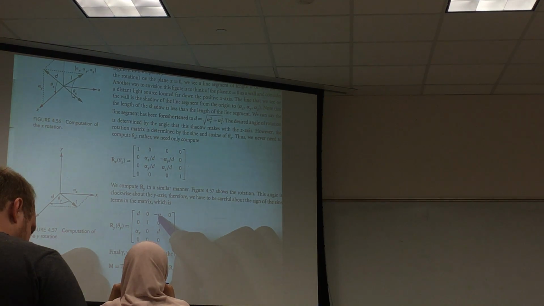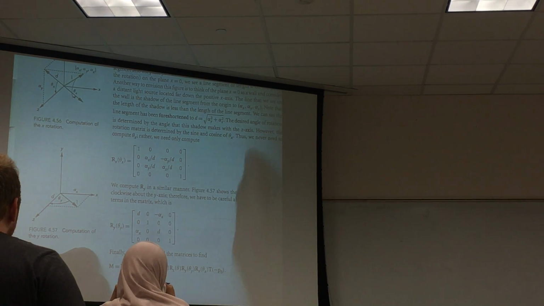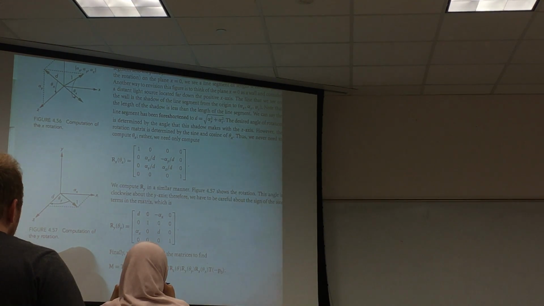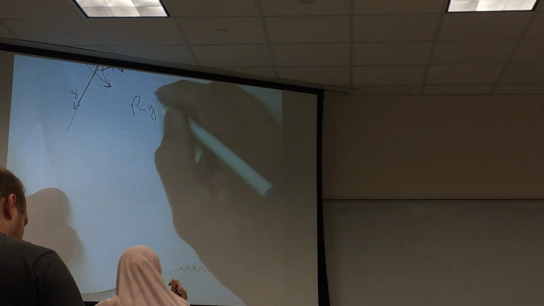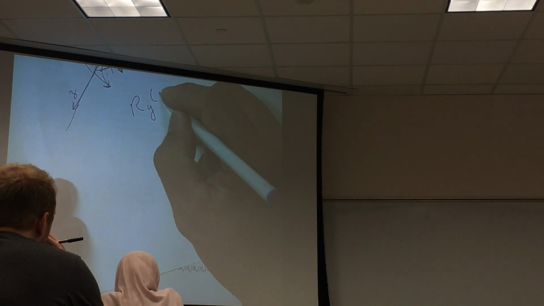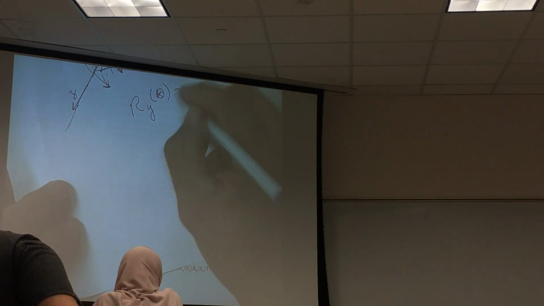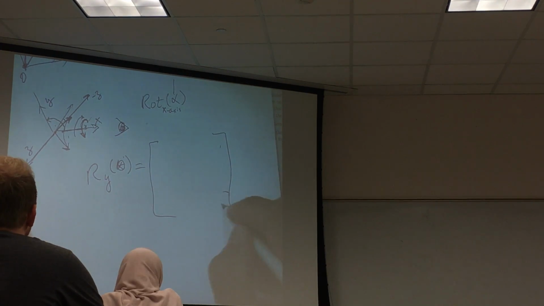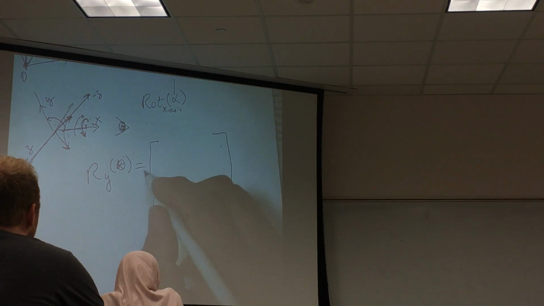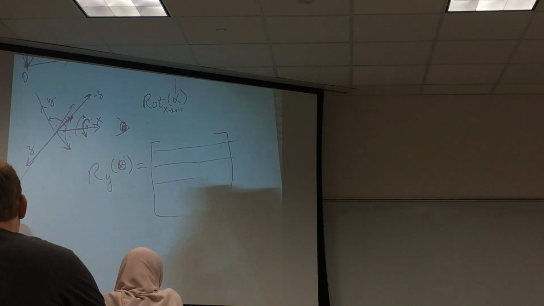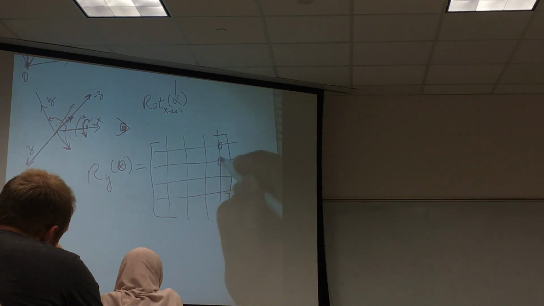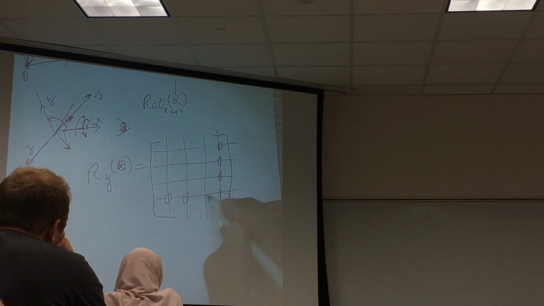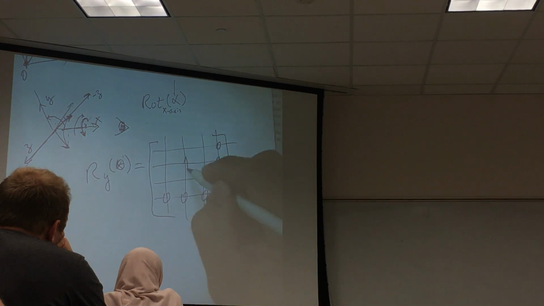Right, remember the rotation about y? What is the rotation angle around y? Rotation y by a certain angle, say theta. What is the transformation? Zero, zero, zero, 1, 0, 0, 0, 1, and then y is 1.